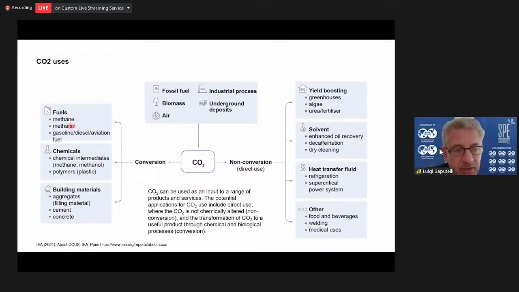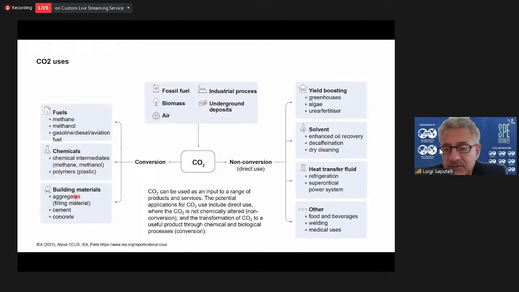You can generate methane, methanol, gasoline from CO2, which is quite good. It's still not commercially possible, but it is a way of reutilizing CO2 as chemicals, intermediates, and also for building material, especially cement, filling materials, concrete, etc.